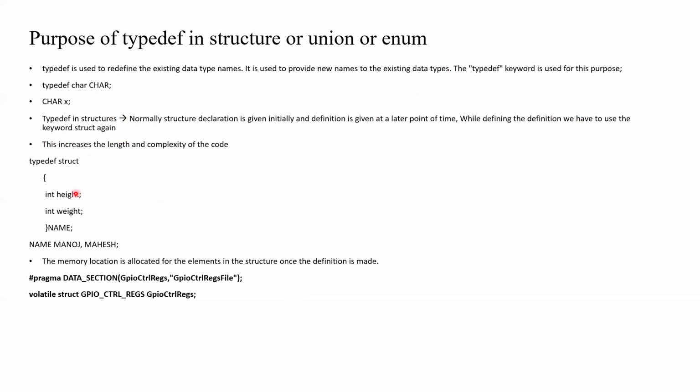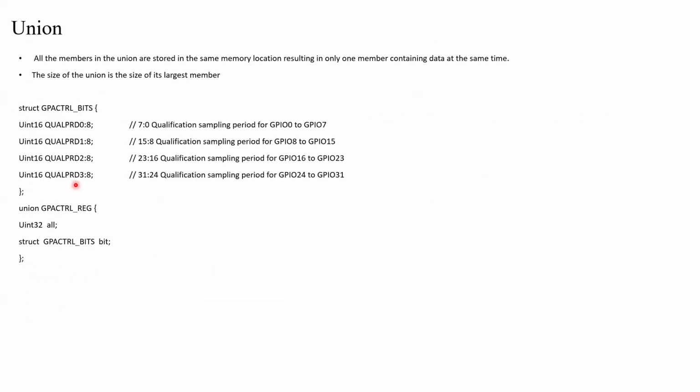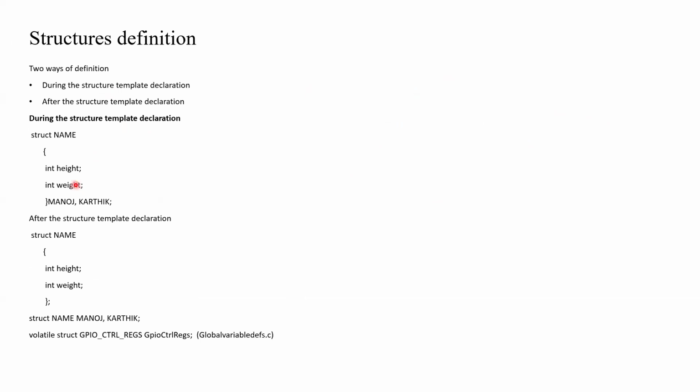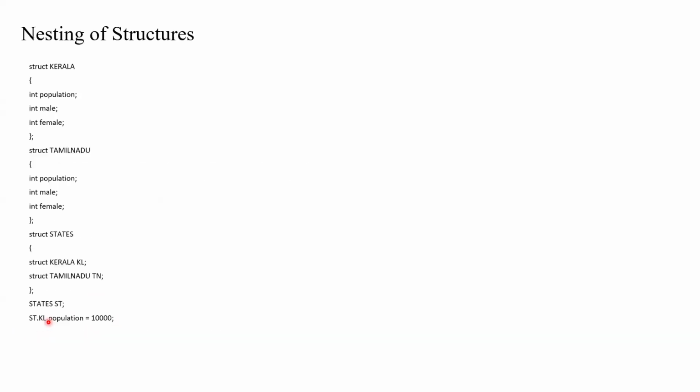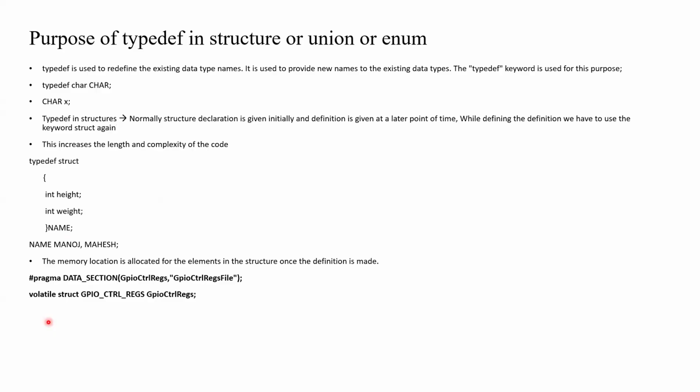If you really want just the structure, which we have seen here, you again have to give the name as struct, and only then can you create an instance of this name. Unless you use the struct keyword, you cannot use it. So if you don't want to use the keyword struct again, then just have a typedef.